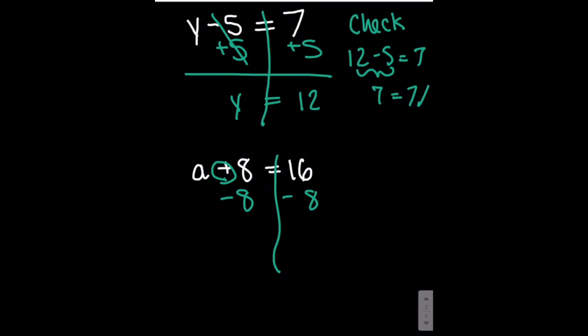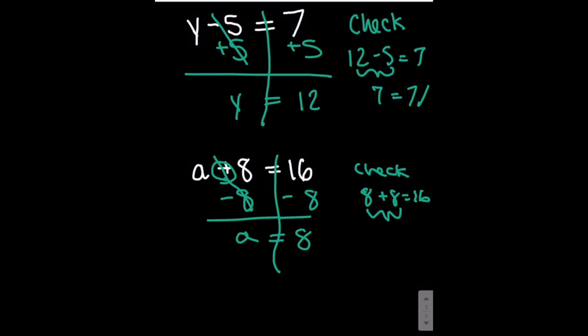So we would do that on both sides, and we would get a equals 8, and we can check on the side. We substitute 8 plus 8 equals 16. Yeah, 16 equals 16, and that is true.